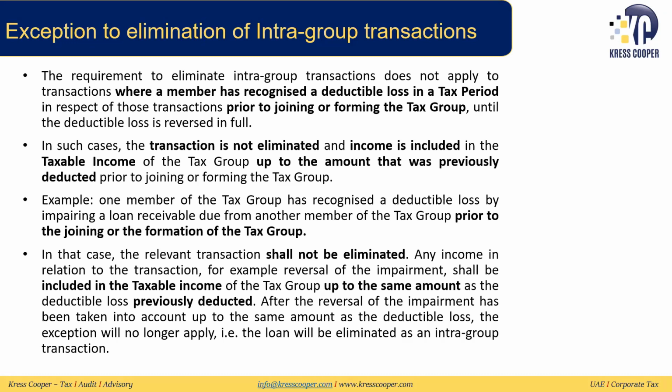So this transaction will not be eliminated, and the income will be included in the taxable income of the group up to the amount that was previously deducted by the company before joining the tax group.